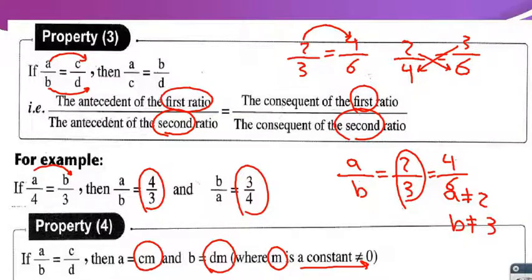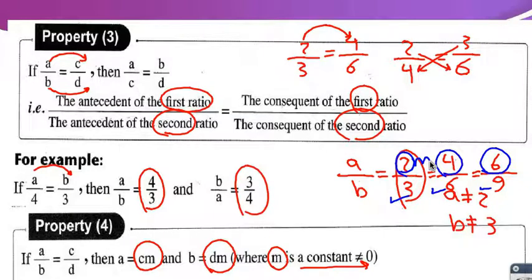Equals 4 over 6. Equals 6 over 9 or not? Equals 6 over 9. In this case, A equals 2 or 4 or 6, B equals 3 or 6 or 9. Then A equals 2M, where M is constant, not equal 0.